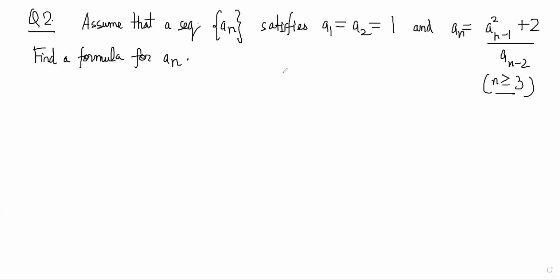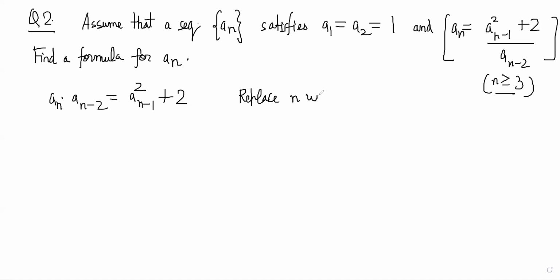Okay, so let's work with the statement here, and we'll get a_n times a_{n-2} is equal to a_{n-1}² plus 2. And in this equation, if we replace all the n's with n+1, that will give us a new equation: a_{n+1} a_{n-1} is equal to a_n² plus 2, right?